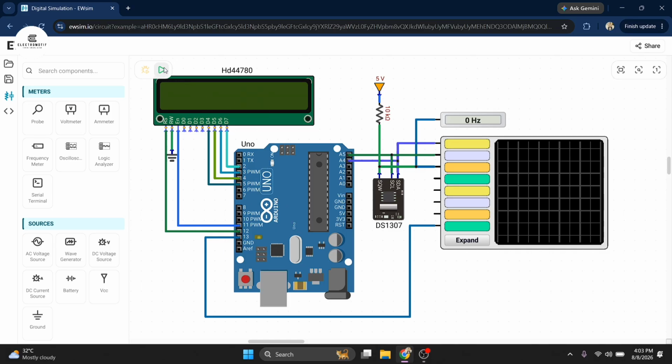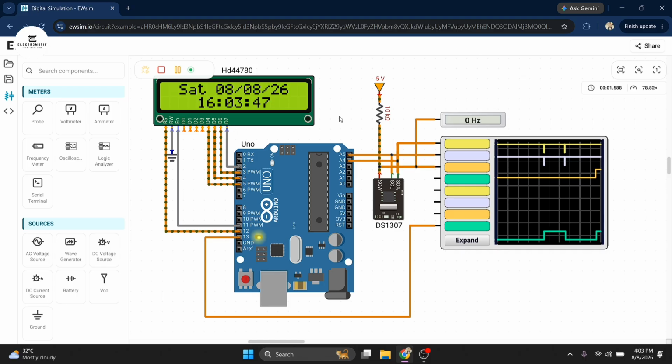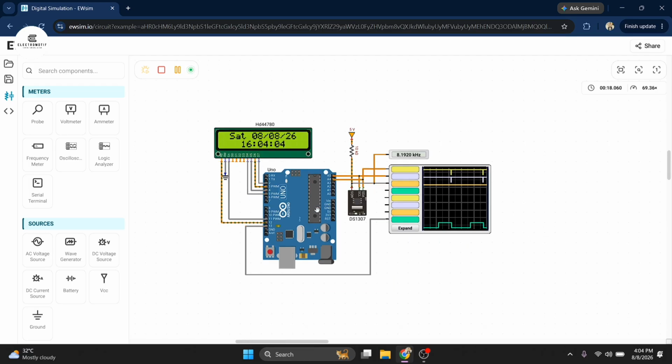I just run this example, and this is the RTC running, and it is showing 16, 03, 16, and so on. 16 is the hours, 3 is the minutes and seconds, and 8 is the date, month, and year. So this is the basic functionality of this project.